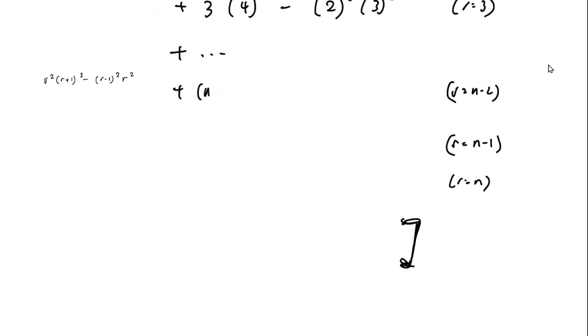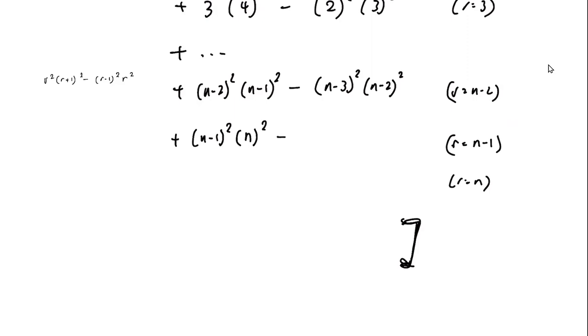If r is n minus 2, I'll get (n minus 2) squared, (n minus 1) squared, minus, (n minus 2 minus 1 is n minus 3) squared, and r squared is (n minus 2) squared. Add on the next one, substituting r with n minus 1: (n minus 1) squared, (n minus 1 plus 1 is n) squared, minus (n minus 1 minus 1 is n minus 2) squared, times (n minus 1) squared.